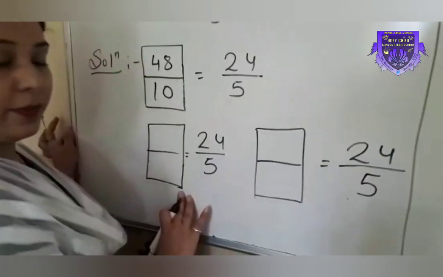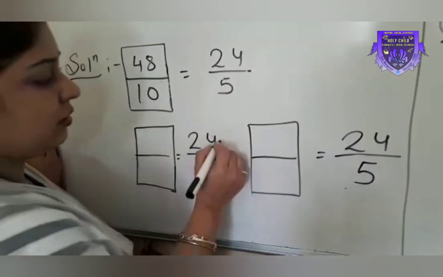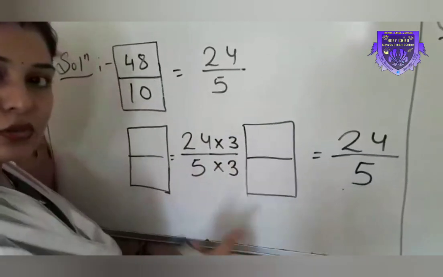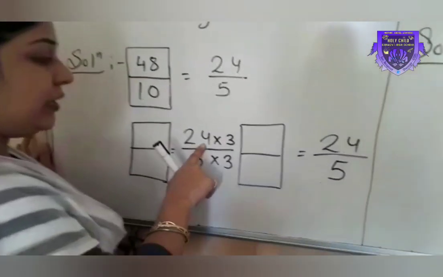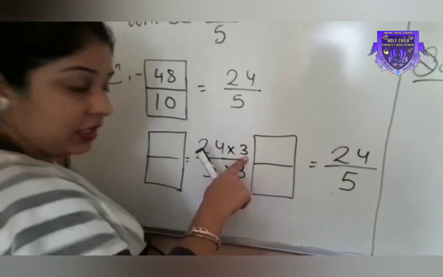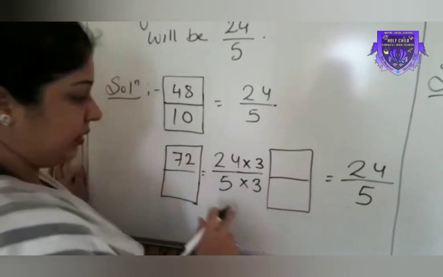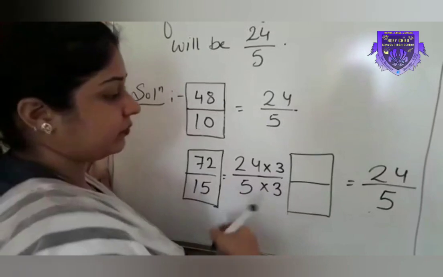Same with the second pair. We will multiply this whole fraction with another number. Let it be 3. You can take other numbers also like 4, 5, any number. 24 multiplied by 3 gives the answer 72. And 5 threes are 15. Okay.